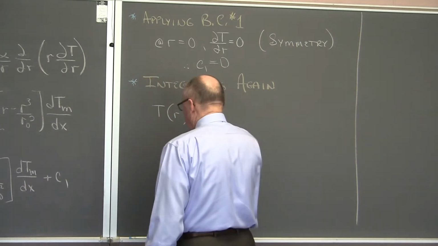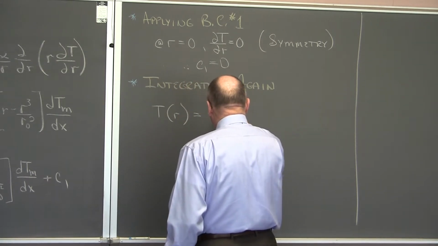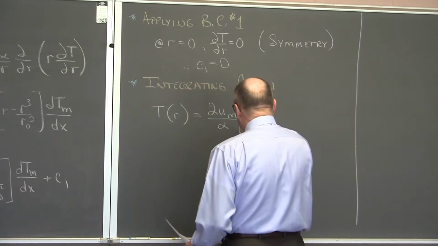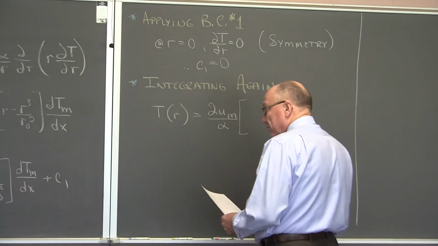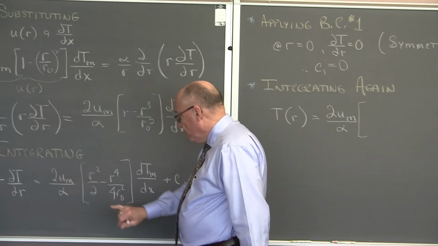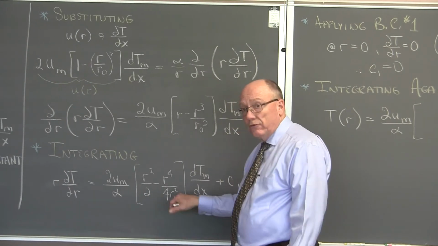And on the right side of the equation, we'll have 2u_m divided by alpha times, and remember now, we divided through by r, so this is r over 2, and this is r cubed over 4 r0.